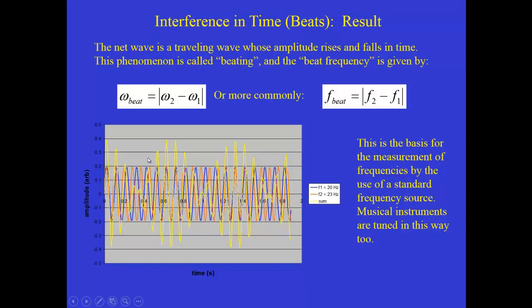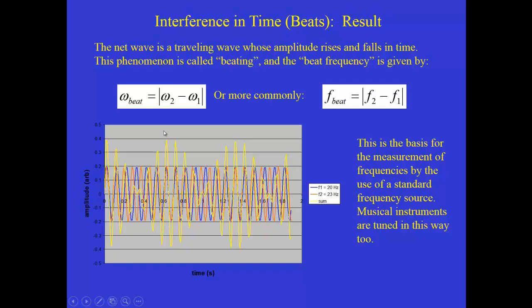And so the overall effect has one period that goes from a node to a second node and then to a third node, and that's one period. But we can see in the time it takes to go through one period of motion, it goes through 2 cycles of loud, soft, loud, soft.